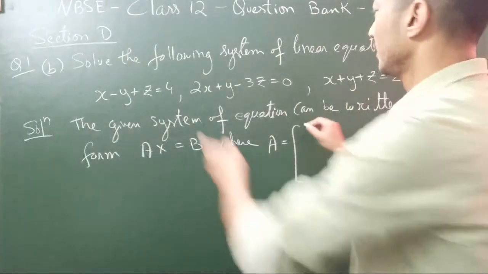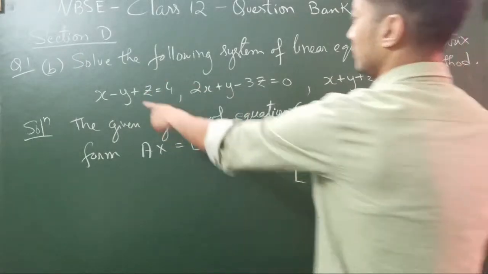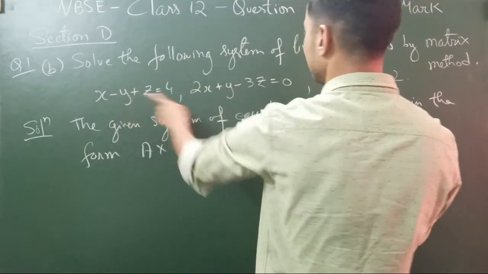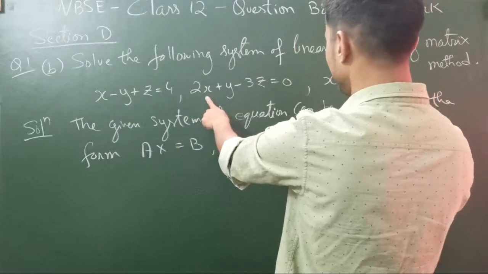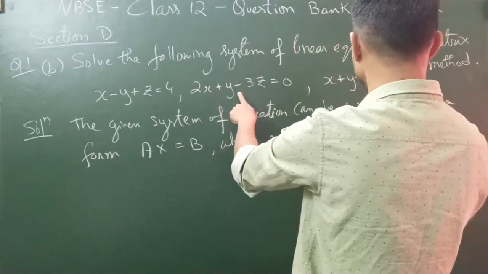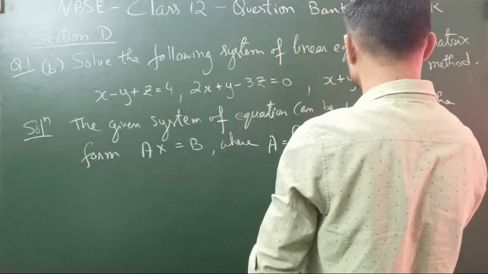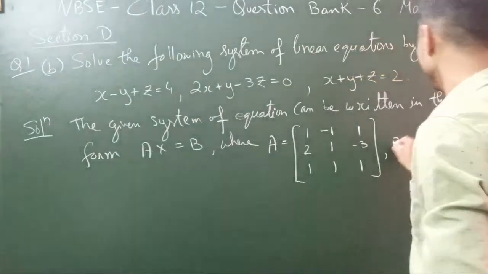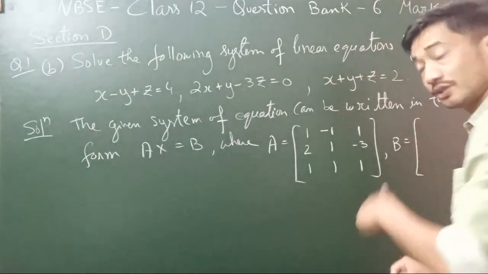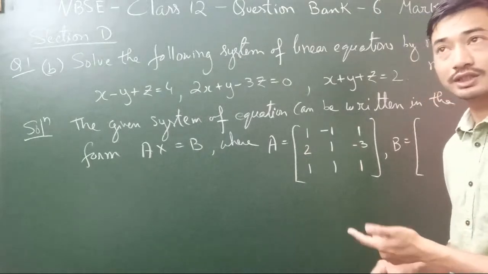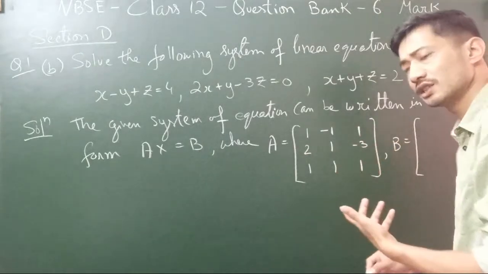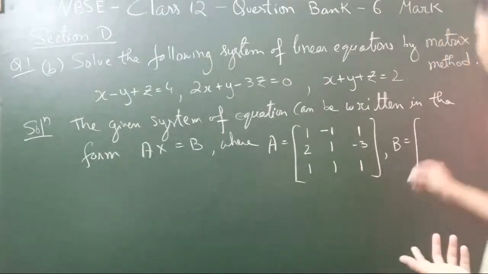So A, first row, 1, minus 1, 1, then 2, 1, minus 3, then 1, 1, 1. You can check out the other videos also where these concepts are discussed in detail.